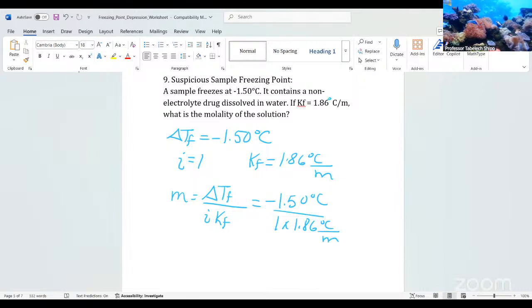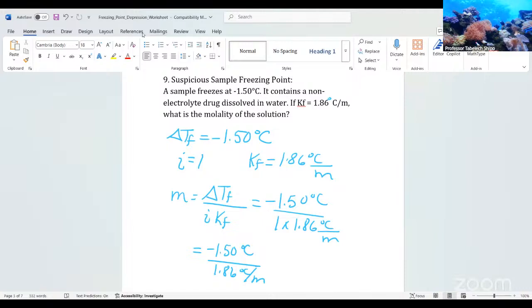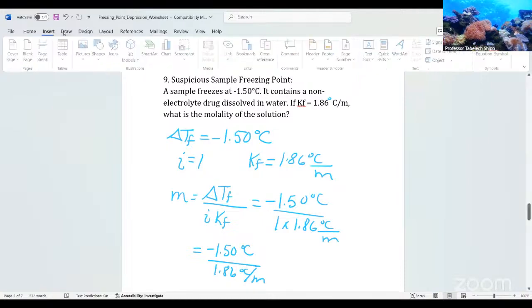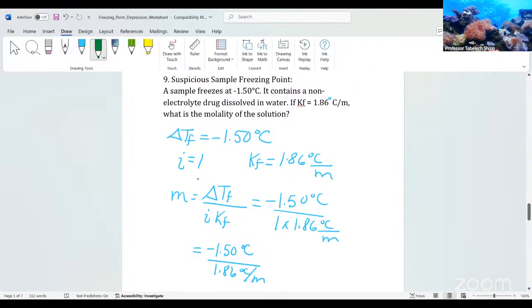So you're basically saying negative 1.5 degrees Celsius divided by 1.86 degrees Celsius per molality, because 1 times anything is the number itself, okay? So our degrees Celsius is going to get canceled out.